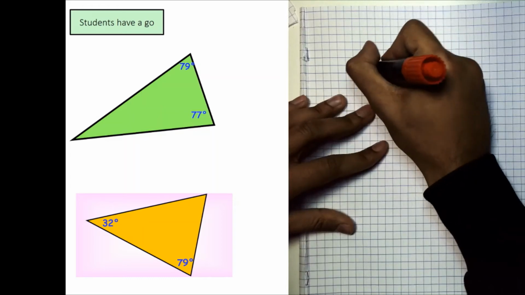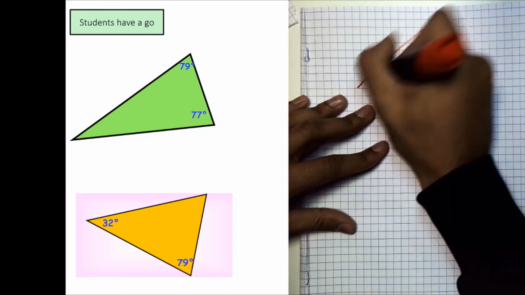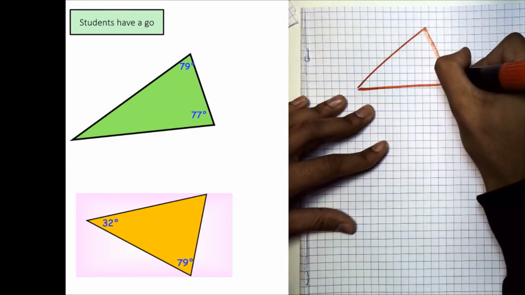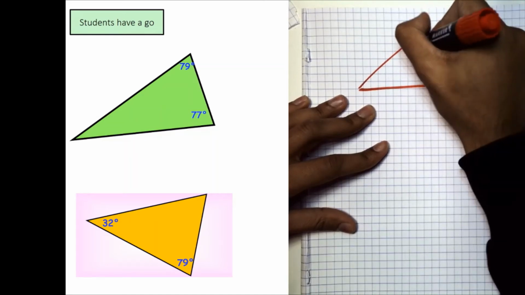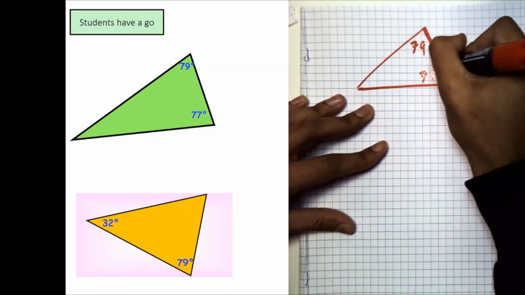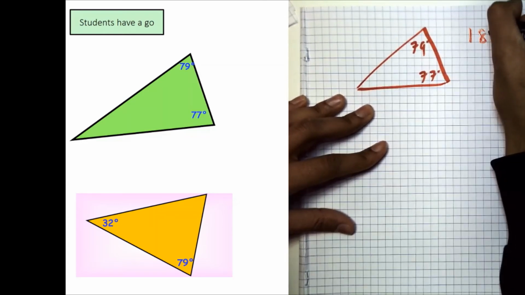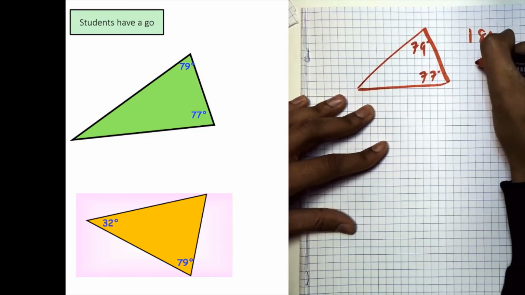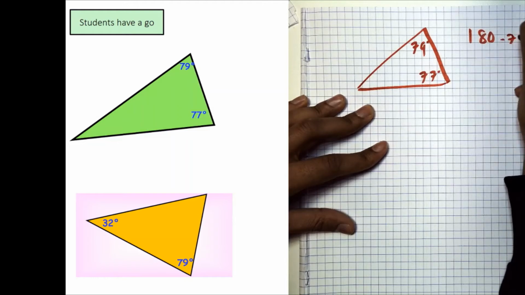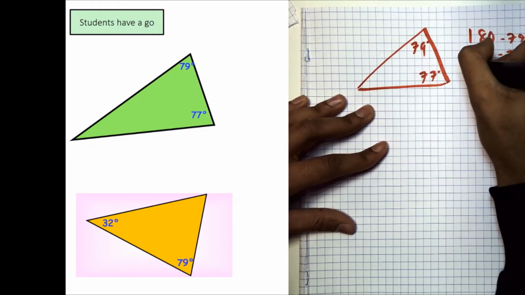Good. So hopefully you've finished the triangle and you've gotten to your correct answer. I'll also go through it. So quickly label my triangle. We know that a triangle has to equal 180 degrees, right? So we want to take away the 79 and take away the 77. Of course, I like doing the total first.